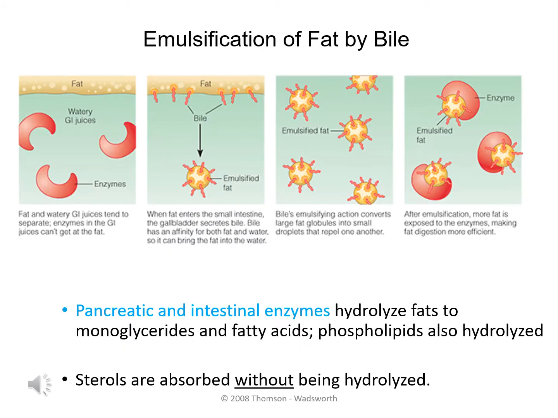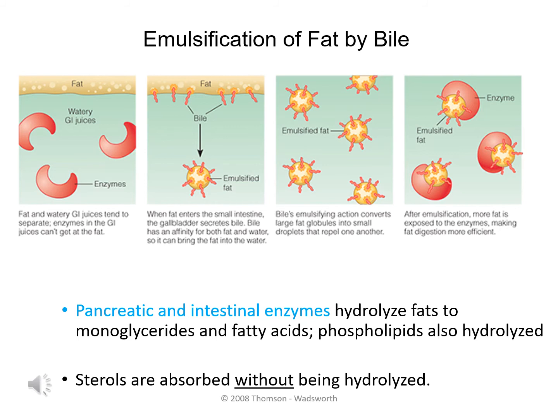If we look at this emulsification process, the first thing that you'll note is fat entering into the stomach. The fat simply is going to float on top of the watery solution. The enzymes, which are hydrophilic, tend to remain in the watery solution, not being able to get to the fat.